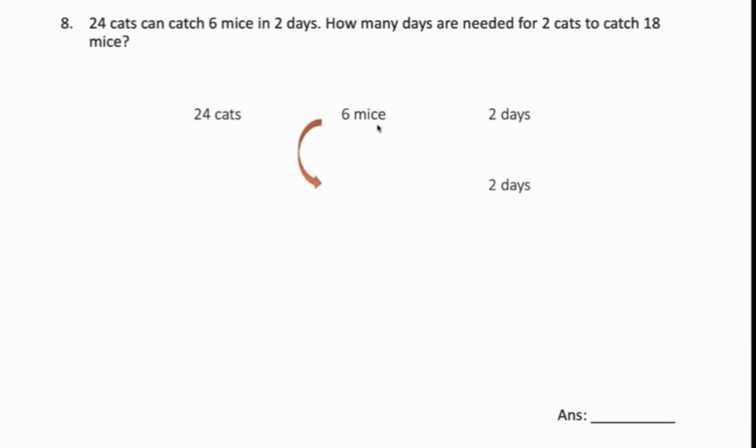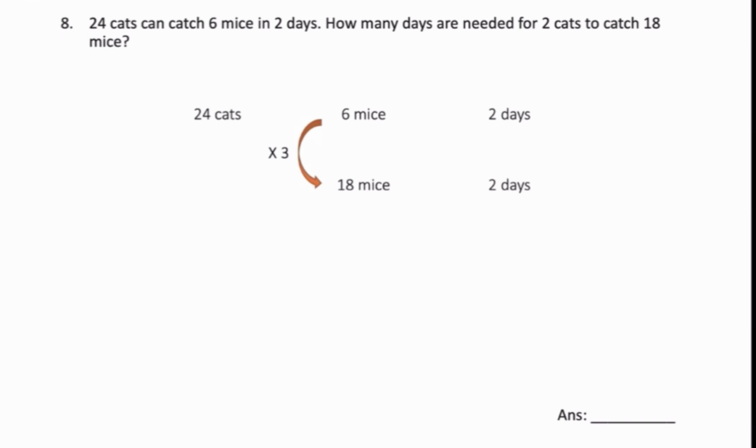So if I change 6 mice to what? To 18. So I times 3. If I times 3, I change 6 mice to 18 mice, meaning now I will catch 18 mice in 2 days. Before that, I was catching 6 mice in 2 days.